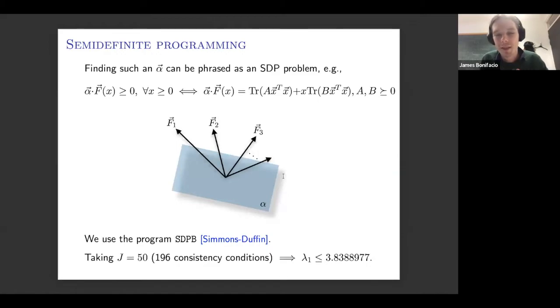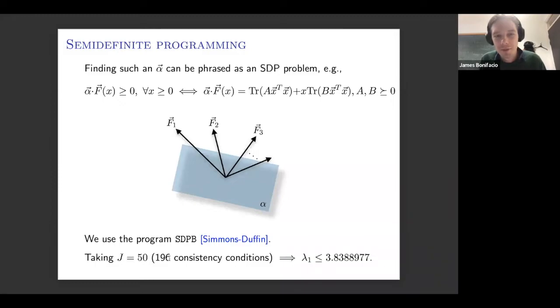But you can ask a computer to look for this alpha given the system of equations, and I use in particular this program called SDPB, which was written for a physics problem, the conformal bootstrap, by Simmons-Duffin. Again, this is a non-rigorous implementation of semi-definite programming, but there exist more rigorous ones out there.